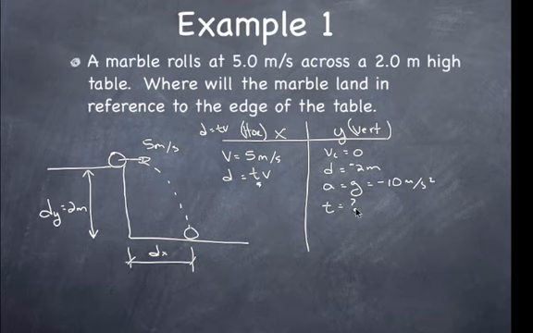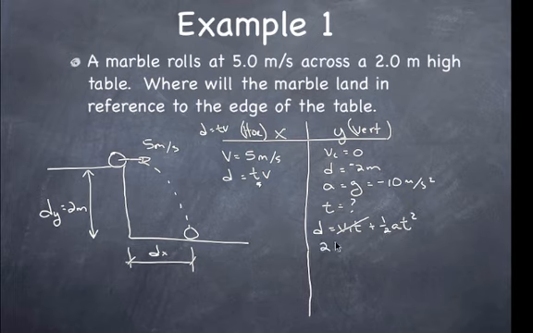We have all of those pieces of information, and if you recall, we can go back to d is equal to v_i t plus 1/2 a t squared. Remember that your initial speed is 0, so the distance is 1/2 a t squared. If we use our algebra skills to solve for t, I'll do this one step at a time.